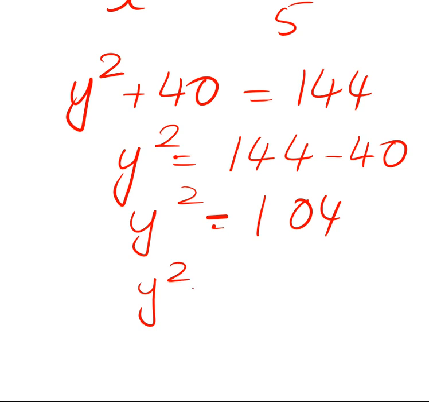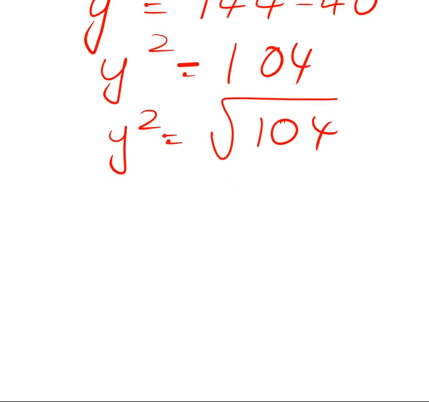Y is equal to square root of 104, which is not a perfect square. So we can approximate that to 10.198. So y is equal to plus or minus 10.198.